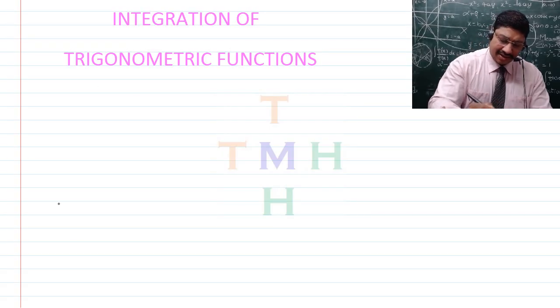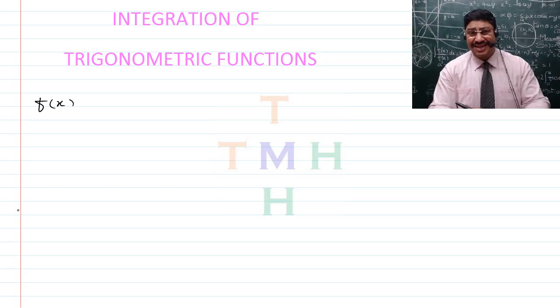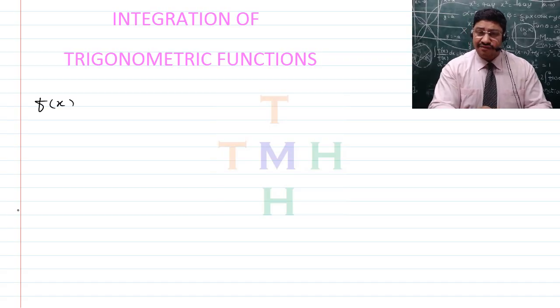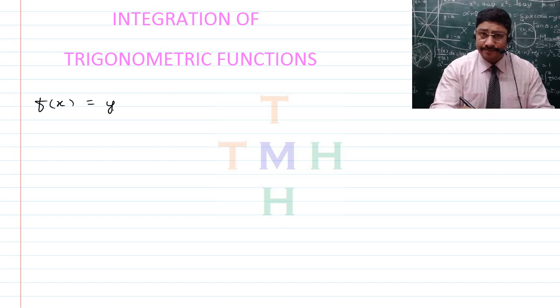Say we talk about a function f of x, a function in the independent variable x. That means when you keep different values of the independent variable x, correspondingly you will get different values of f of x, the function in x, which is also said to be the dependent variable y.